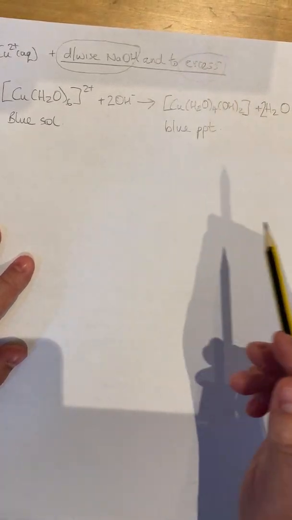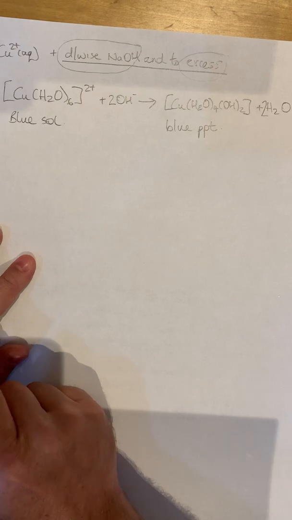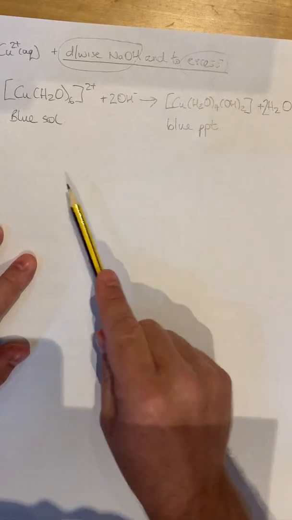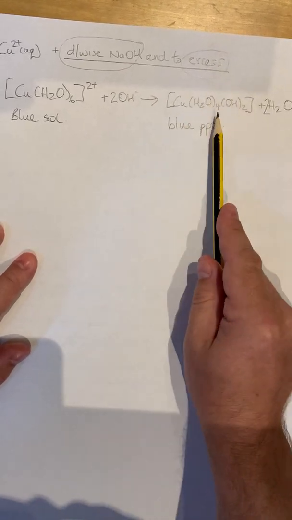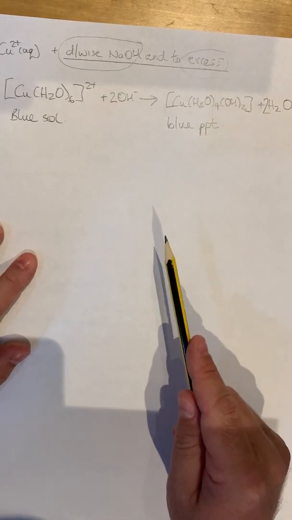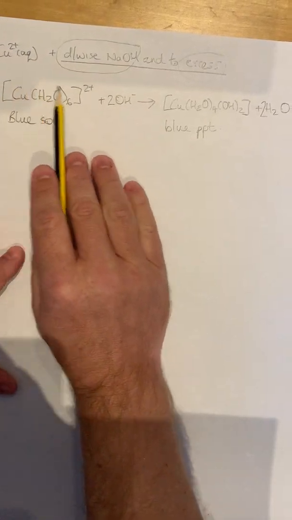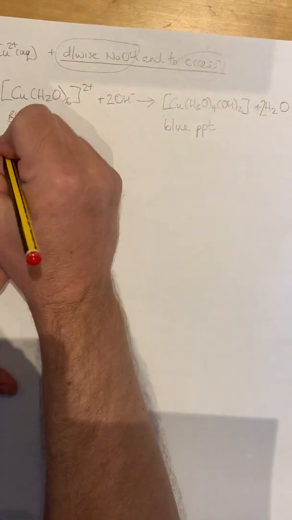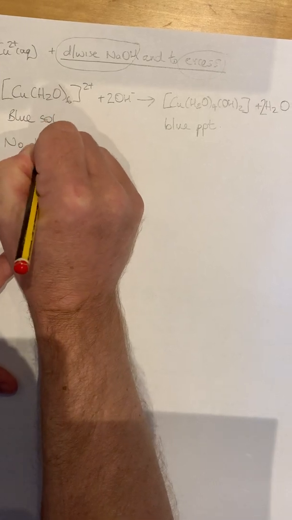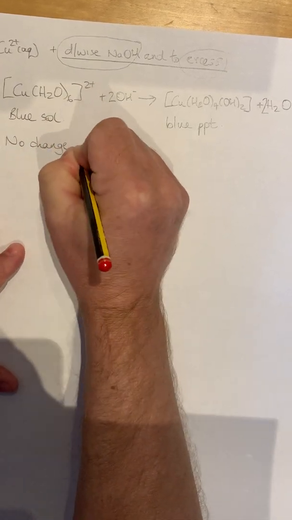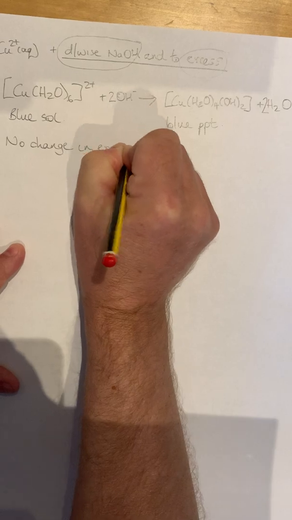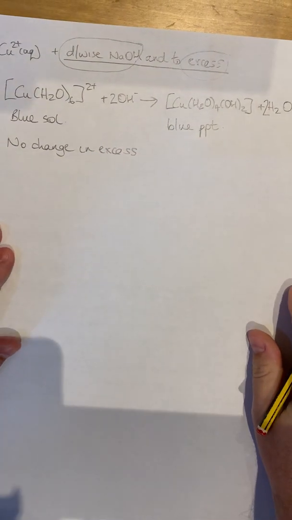Now your excess equation would be starting off with the complex formed at the end of dropwise. Then any changes, you then write the equation based upon that. But for this one, I've done the dropwise one there, to excess, that's what you put, no change in excess.